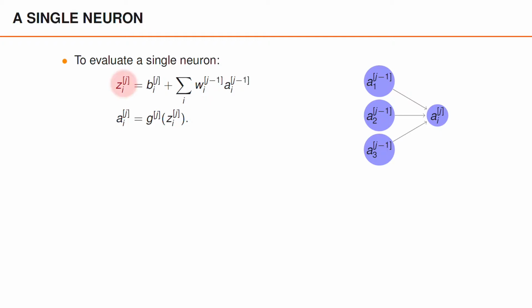To compute z^[j]_i, we take the sum of a bias, b^[j]_i, and a weighted sum of the activations in layer j-1, that is, a summation over i of w^[j]_i times a^[j-1]_i. The variable z is then passed through a nonlinear function g. The nonlinear function g is here called an activation function.